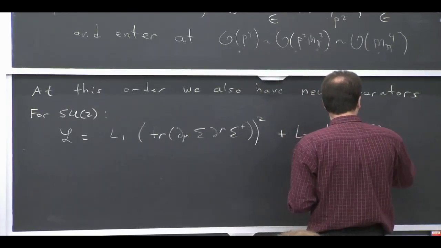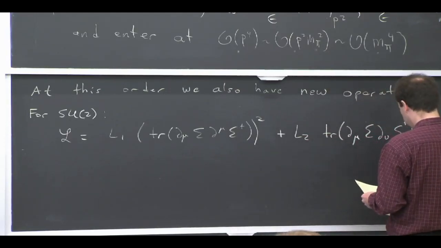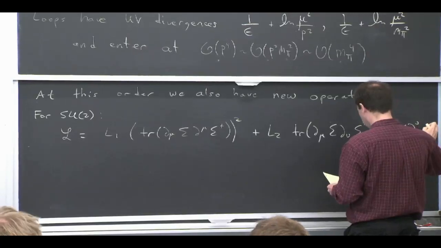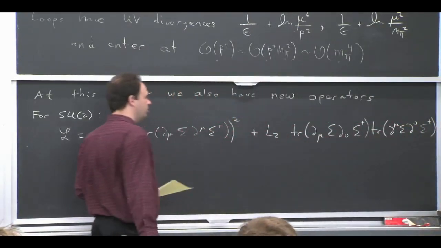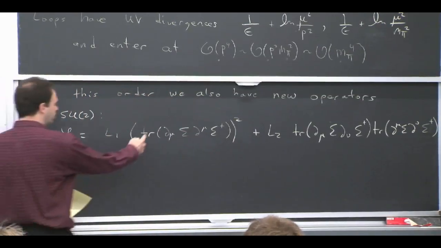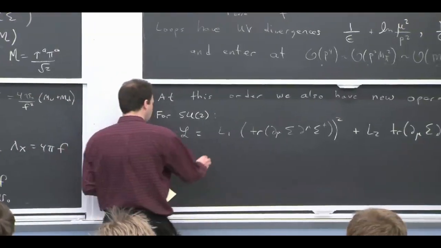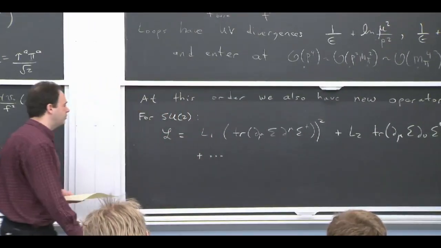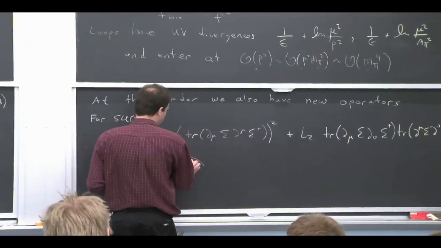So I could do it like this. The trace is cyclic, so I can move things around from back to front. But I could have mu nu in one trace and mu nu in another trace rather than just contracting within the trace. That's another possible term. And there's a bunch more terms, which I decided to wait and enumerate when we do SU3 to give you a full enumeration.